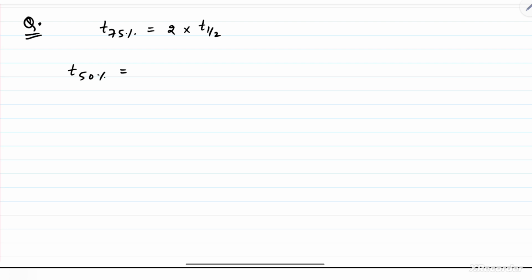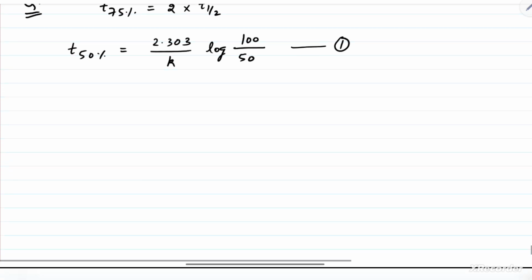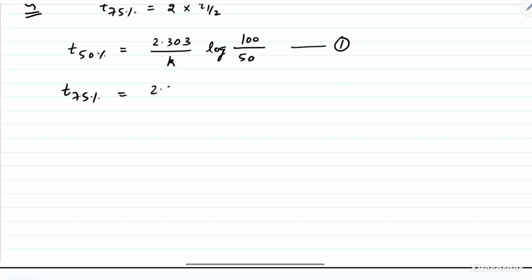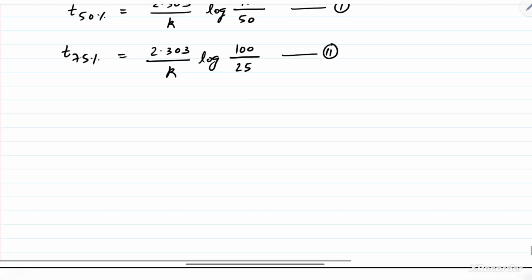When we write T 50%, that means 2.303 by K log, what is the initial concentration? Take it as 100. T 50% means 50% reaction is complete, so the remaining is 50%. This is the first expression. Directly write T 75%. This will be 2.303 by K log, again initial one is 100. If the reaction is completed by 75%, the remaining one is 25. Now divide these two equations.